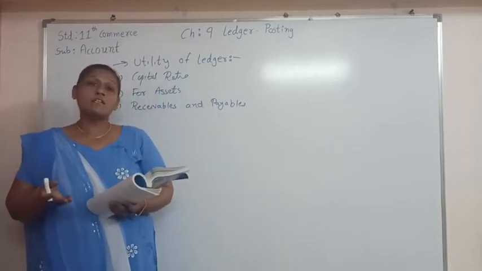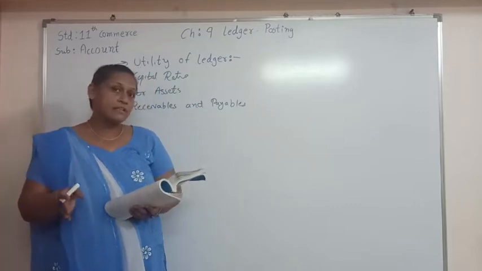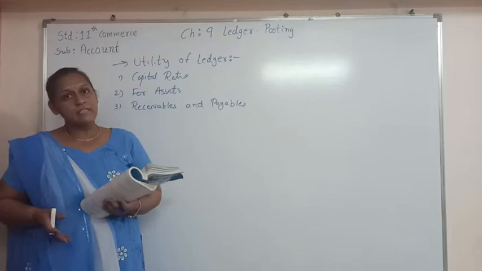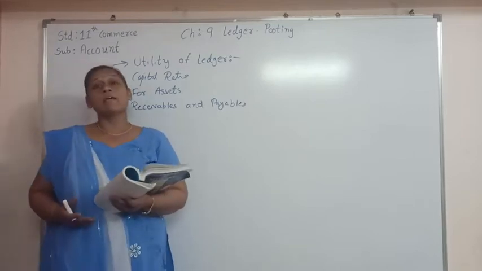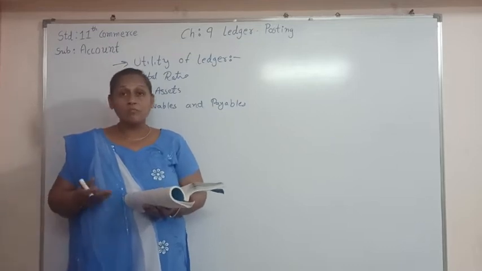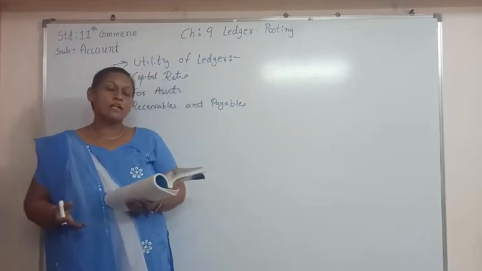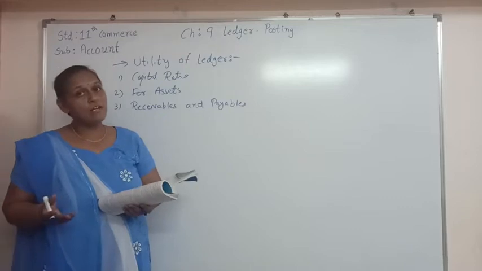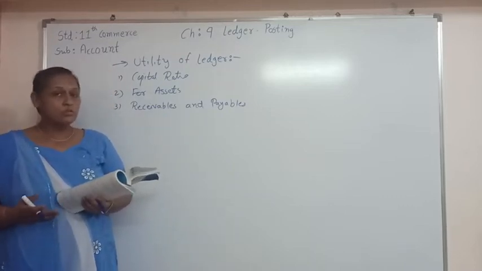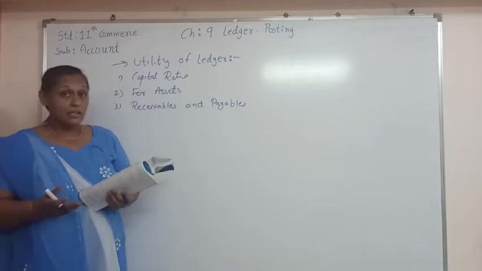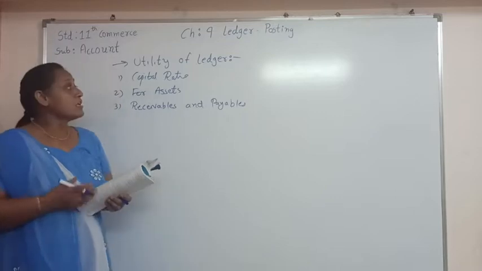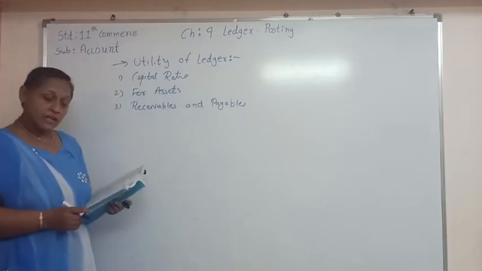As blood flows in the body, in the same way cash is supposed to move in the business. So from the receivable and payable, how much we are supposed to receive from others and how much we are supposed to pay, we can come to know from the ledger only. It is very important to know the total of receivable and total of payable, and that can be known only from the ledger. So for that also ledger is very important.